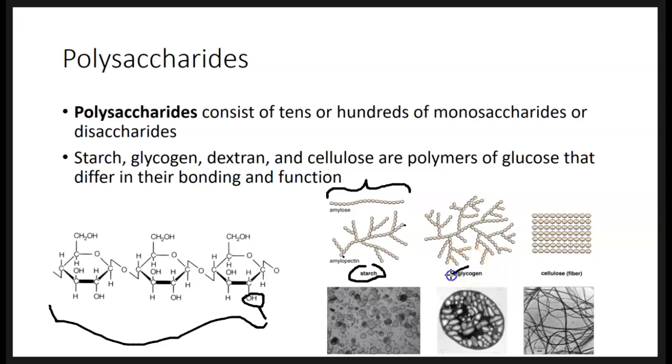Glycogen is a more complex branched form of these carbohydrates, right? So we don't have just one central long chain of glucose joined together and glucose branches coming out from that. We also have branches on the branches, right? So we have a lot of covalent permanent bonds between these monomeric linkages, right?